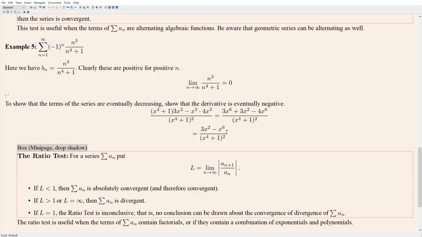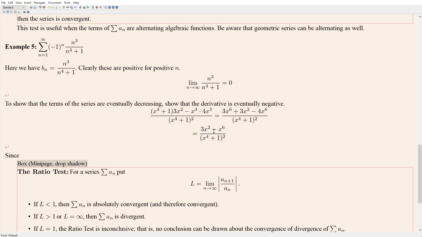Okay, so in the numerator, the x to the 6 term is clearly dominant, so that means that when x is large, the negative x to the 6 is going to control the sign of the numerator. So indeed, when x is large, the numerator is going to be negative. So negative over a positive number is all negative.